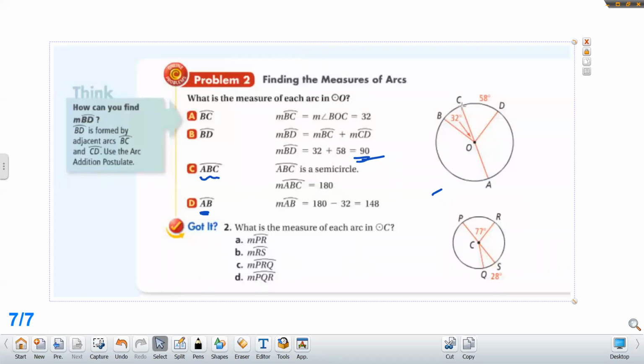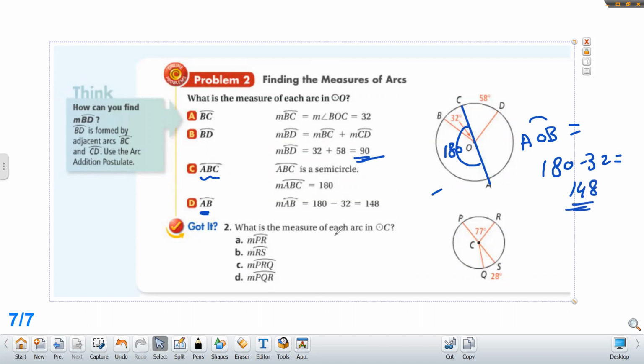This is a semicircle here from A to C. We know the semicircle is all 180, so I need only AB. So AOB equals 180 minus 32. The final answer is 148.